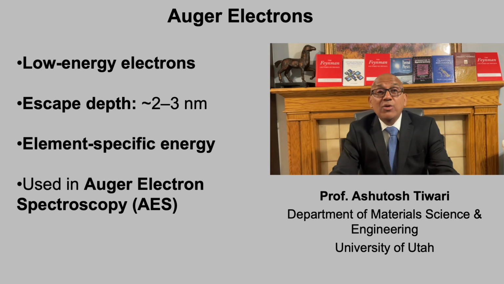Because of this low energy, they can escape from only the top few nanometers of the surface, usually around 2 to 3 nanometers. This extremely small escape depth makes Auger electrons highly surface sensitive. At the same time, their energies are element specific, allowing chemical identification of surface species.